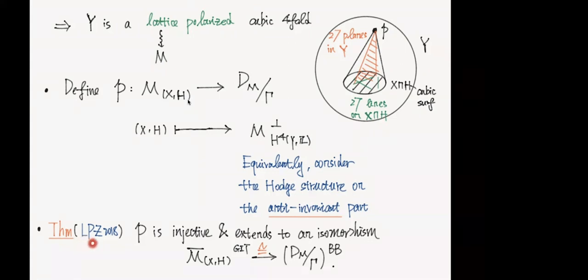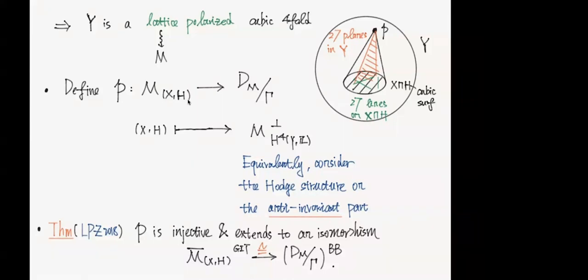And the result, joint with Radu Laza and Greg Pearlstein, is that this period map P is injective, and we also describe the image. We also prove that this period map extends to an isomorphism from some GIT compactification to some Baily-Borel compactification of the corresponding period domain.